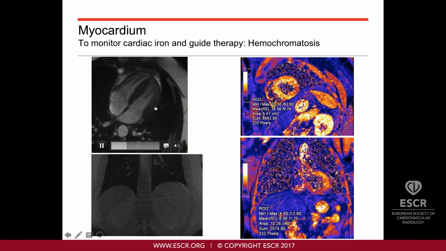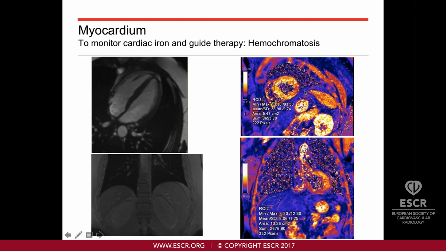So that's a very nice and very reproducible technique to measure iron content. So this would be a candidate to start iron chelation therapy. So you have to try to remove iron out of the body. So this is an interesting application of how MR can help to guide therapy in patients with iron overload.